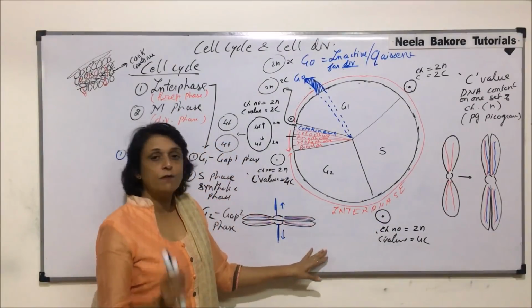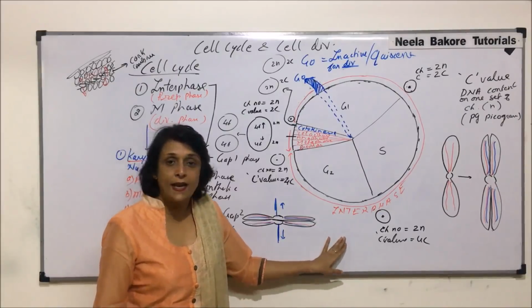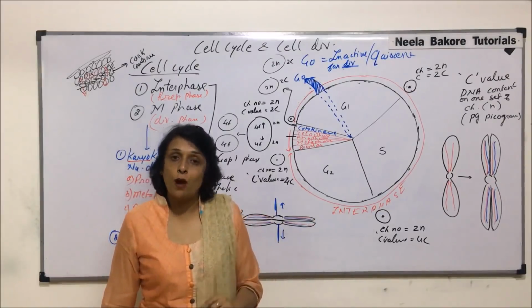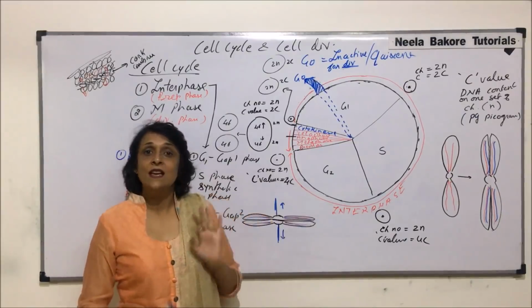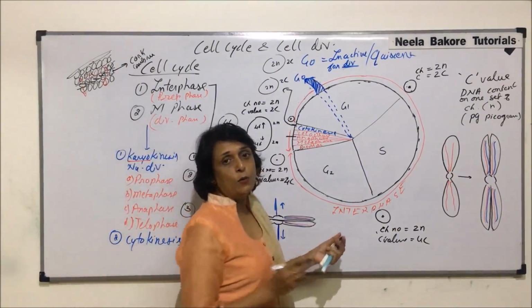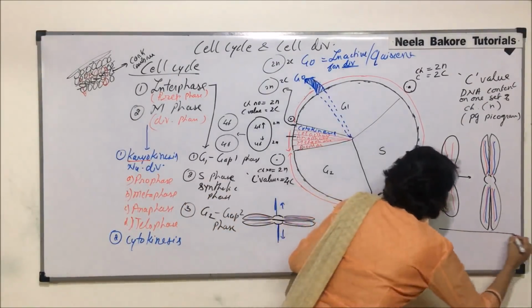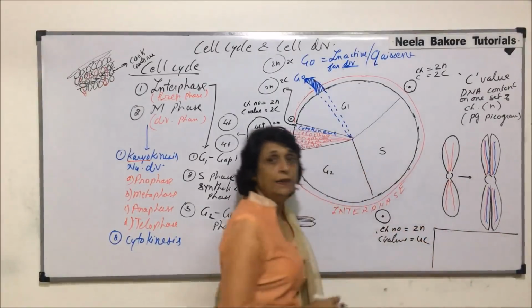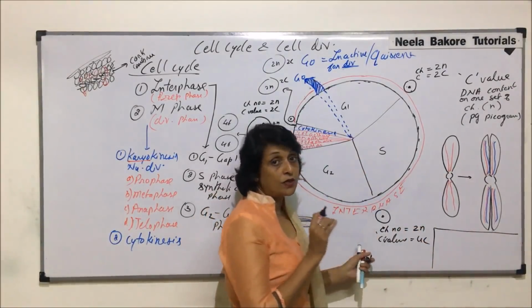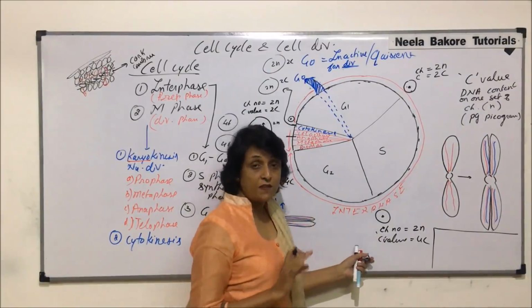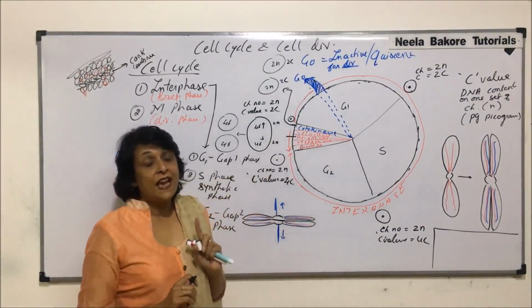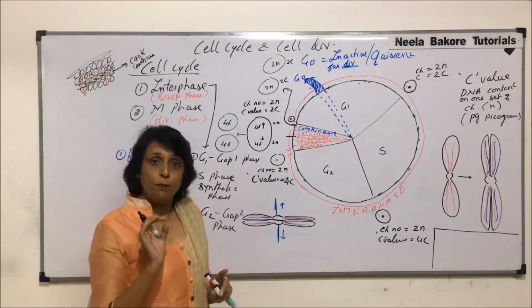Now here we will take one simple example to understand how we are going to solve the problems associated with this C value. Say a question is asked that a cell, and whenever we are using the word cell and nothing is specified, that means we have to talk about a diploid cell.